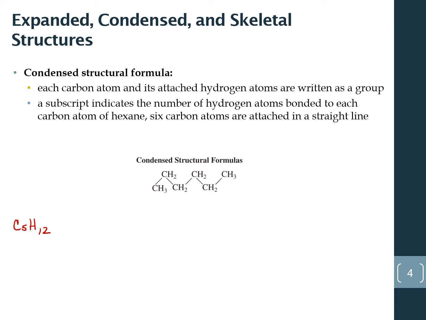You saw the expanded formula for this one, right? We did that one in the previous page. So for C5H12, if you want to write down the condensed formula, you can start from the expanded one.